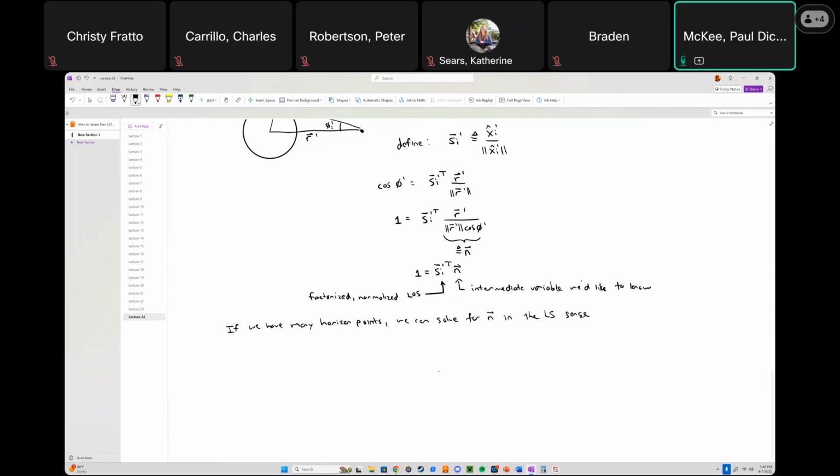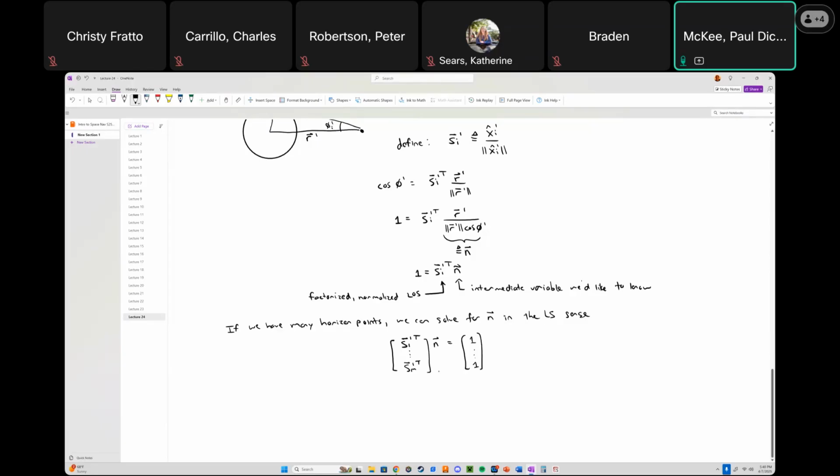Right? Because we would just have this: s_1 prime transpose all the way down to, got to be careful here, I'm going to use the letter M, M prime transpose. And then this is just going to be the vector n, and then this is going to be a whole bunch of ones.